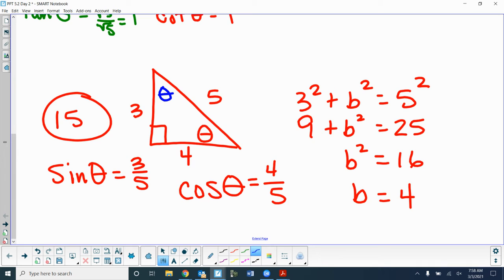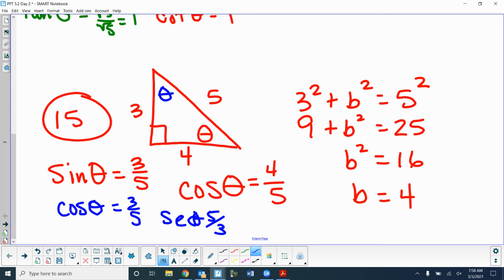Still, it's a 3, 4, 5. And secant is the reciprocal of cosine. So cosine of this is 3 over 5. So secant would be the reciprocal. So the answer to number 18 would have been 5 over 3.